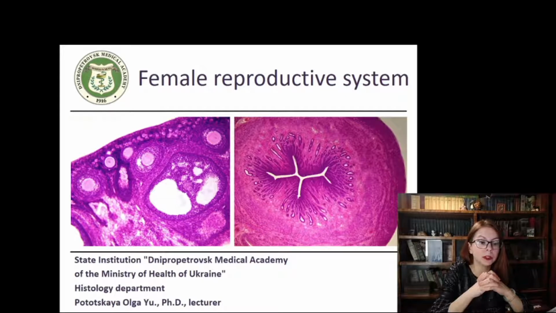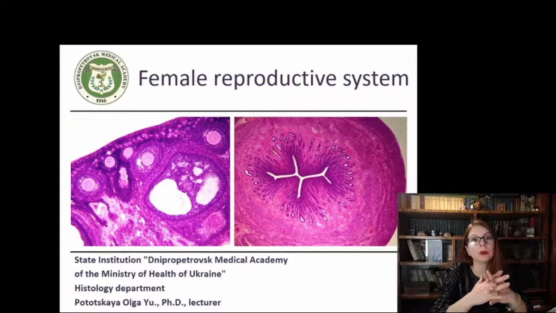It is very important to understand how cyclic changes occur not only in the female reproductive system but in the whole female organism. And also it is important to understand the hormonal control of those cyclic changes, as it helps us to understand how different drugs and pharmacology work, how we can correct the menstrual cycle, terminate the pregnancy, or prevent the pregnancy, or maybe how some tumors are treated.